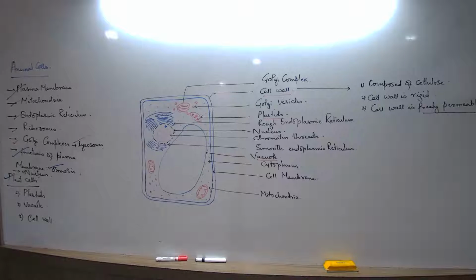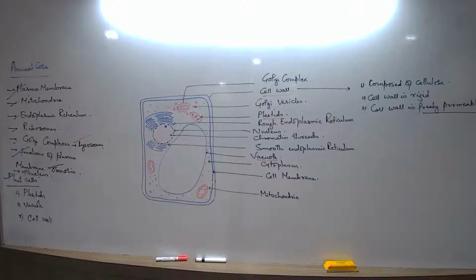A membrane that allows the movement of all molecules through itself is known as a freely permeable membrane.